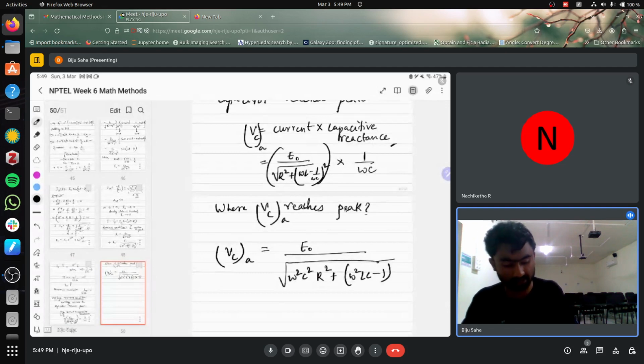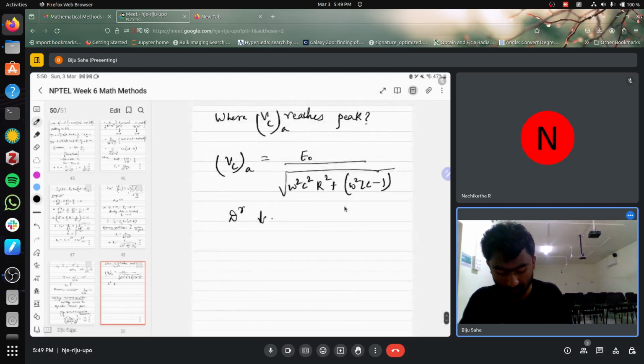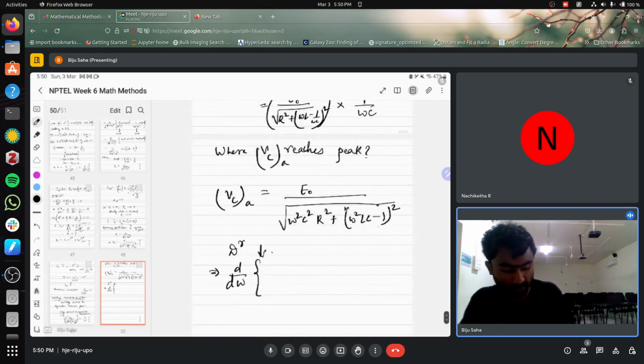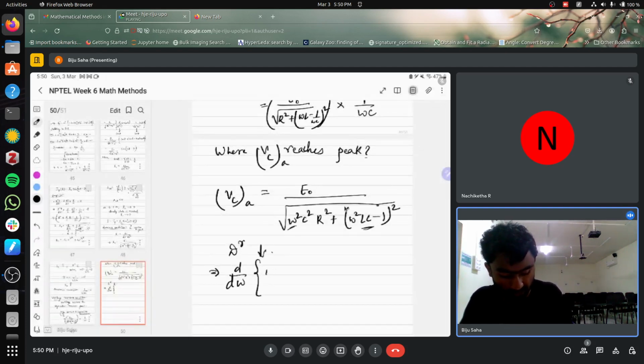We want the denominator to be minimum, so we need to find at what value of omega the denominator is minimum. Right now we can't just make this equal to 0 and say that the denominator is minimum for that value of omega, because omega is also involved here. So what we do is we take the first order derivative of this entire function and set it equal to 0.